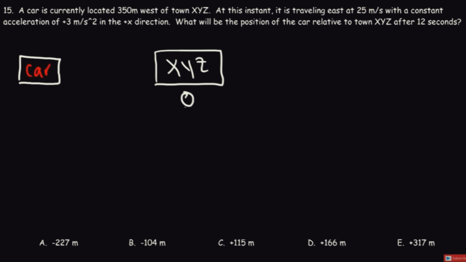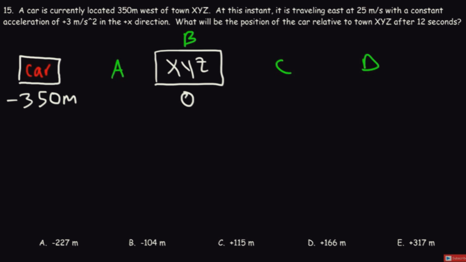The car is currently located at a position of negative 350 meters because it is 350 meters west of the town XYZ. Our goal is to calculate the final position of the car after 12 seconds. It could be at position A, B, C, or D. We have to find out where the car will be relative to town XYZ.